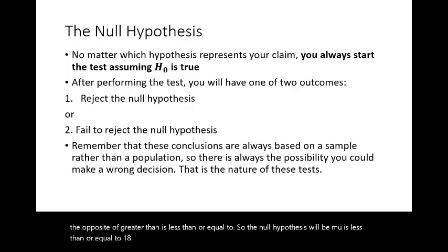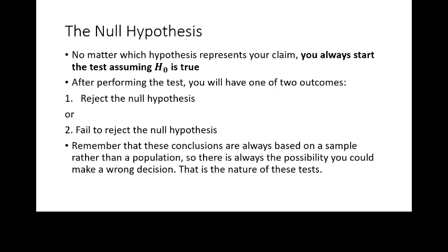Now, as you just saw, your claim could either be the null hypothesis or the alternate hypothesis. And no matter which hypothesis actually represents your claim, you are always going to start a hypothesis test by assuming that the null hypothesis H0 is true. And after performing the test, you're going to get one of two outcomes, and these are the only two outcomes.